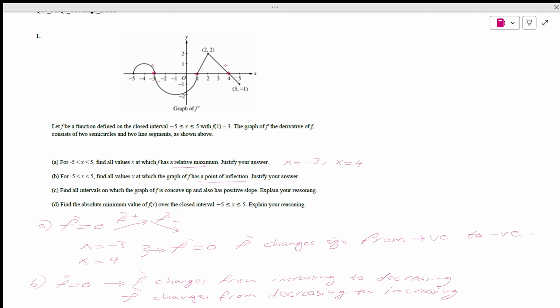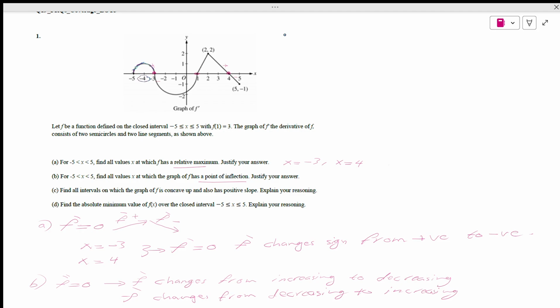Why? Because when f prime changes from increasing to decreasing, that means f double prime changes from positive to negative. Or when f prime changes from decreasing to increasing, that means f double prime changes from negative to positive. So when f double prime changes sign, we have a point of inflection. If you look at the graph, this happens when f prime was increasing and then it's decreasing.